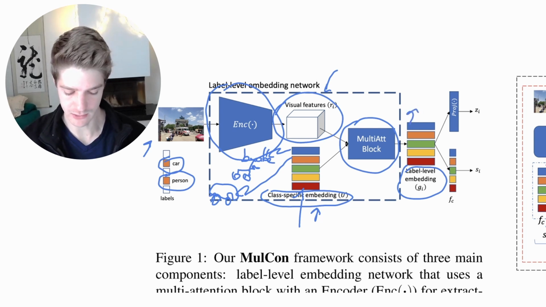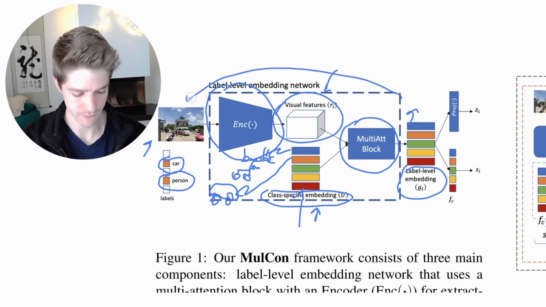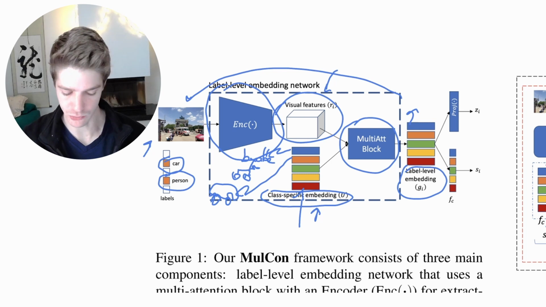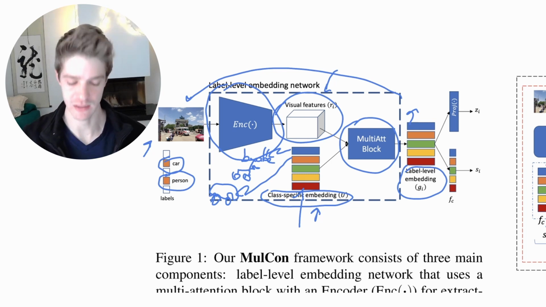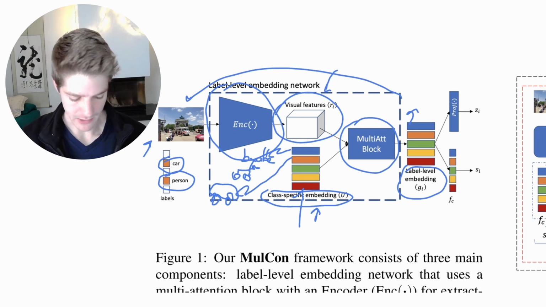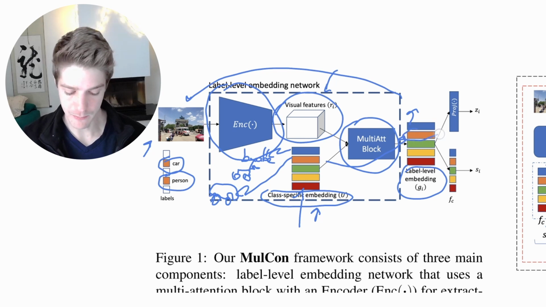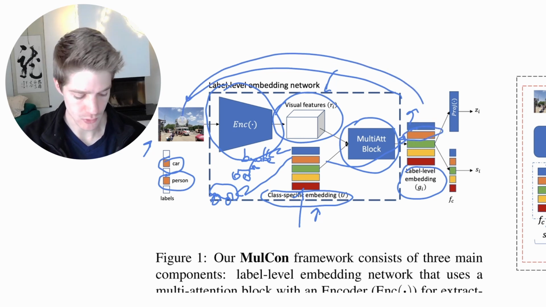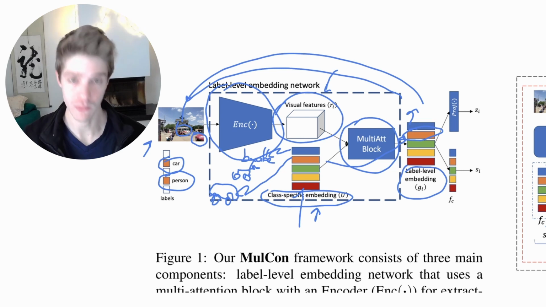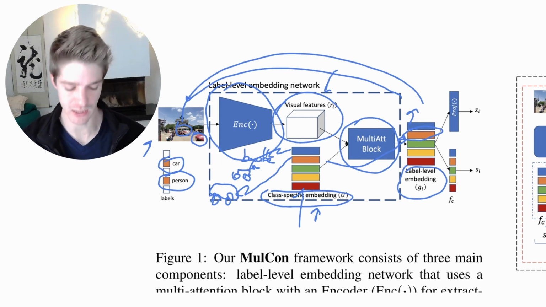For example, this one is the bicycle of the image. But here we don't have bicycles, so it will output an arbitrary embedding. But instead, the embedding corresponding to the car will produce the embedding relative to this car and this car. So we will not represent the average car as in the class-specific embeddings.